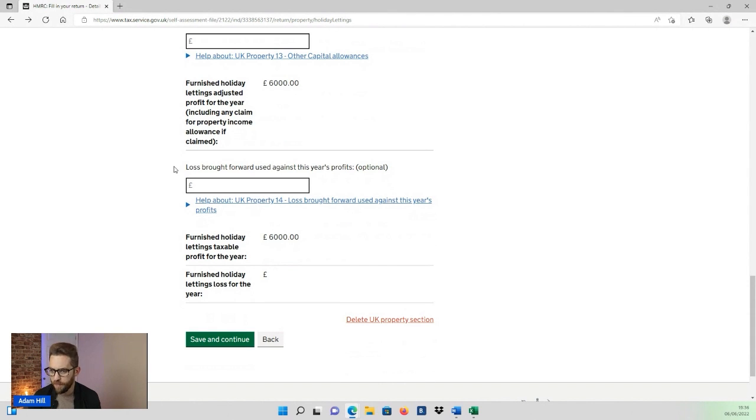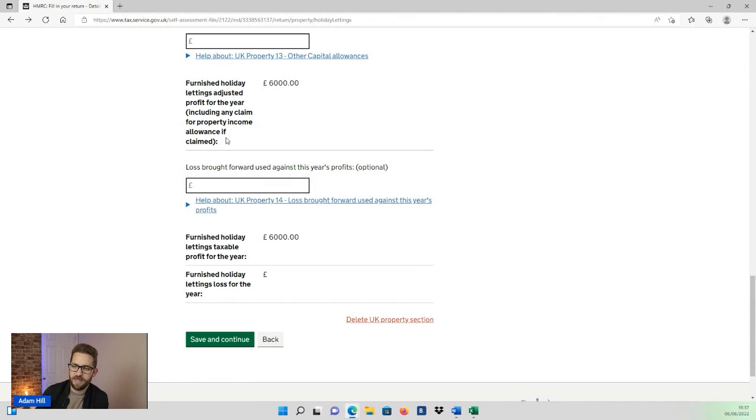I'm just going to circle back quickly because I've skipped past this, but the loss brought forward used against this year's profits. If you do have losses brought forward, maybe in the early years of owning your property, you had some significant expenditure and you weren't able to rent it, you may be carrying a loss forward. So if you have a loss brought forward, you can offset it against the current year profit to reduce your taxable amount.